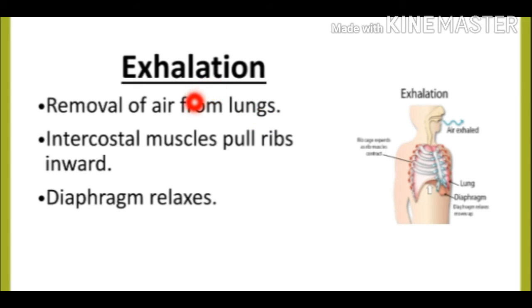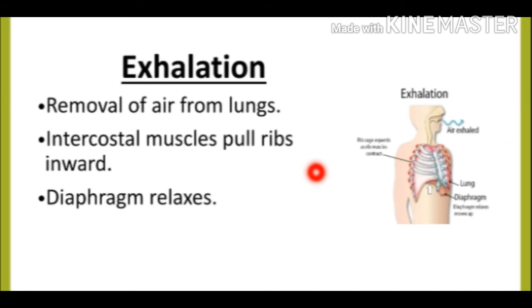In exhalation, your intercostal muscles and your diaphragm play an important role. Your intercostal muscles are pulling your ribs inward, as a result of which the diaphragm will relax, and exhalation will occur. This can be explained with the help of this picture.